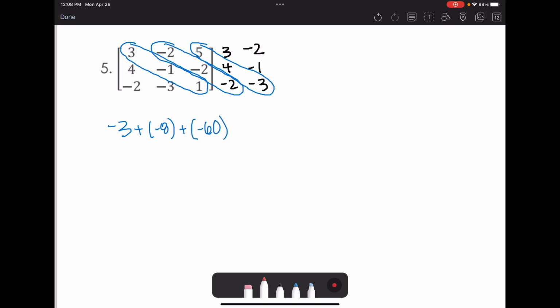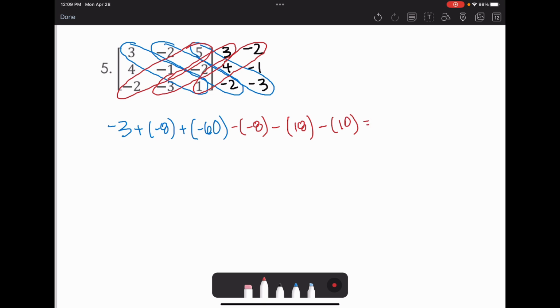I'm hoping that the color coordinating is helping. And then we're subtracting these three numbers multiplied together. So that's negative 8. And then negative 3 times negative 2 times 3 is 18. And then this would be 10 minus 10.